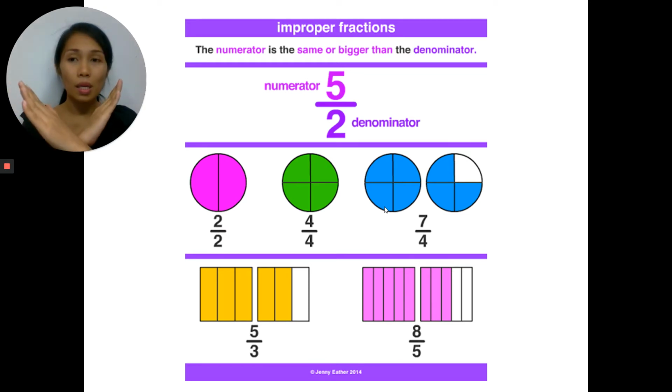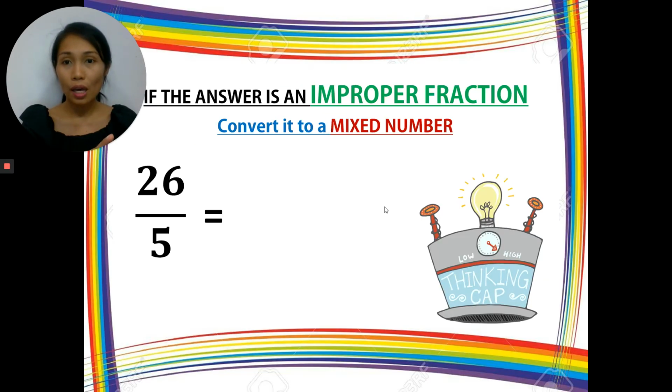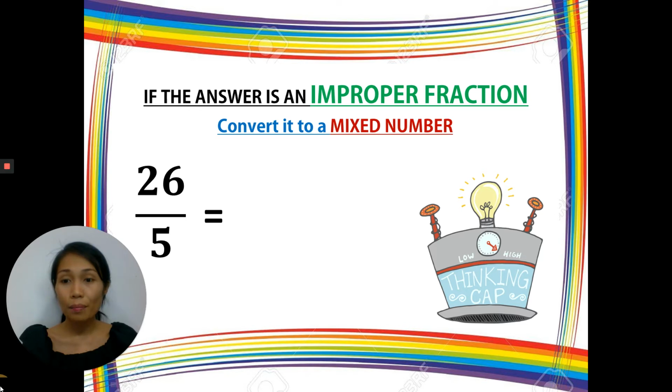If your answer is improper, you have to convert it into a mixed number. Okay, because an improper fraction can only be converted to a mixed number. An improper fraction cannot be converted to a proper fraction. So the only way is to convert it into a mixed number.